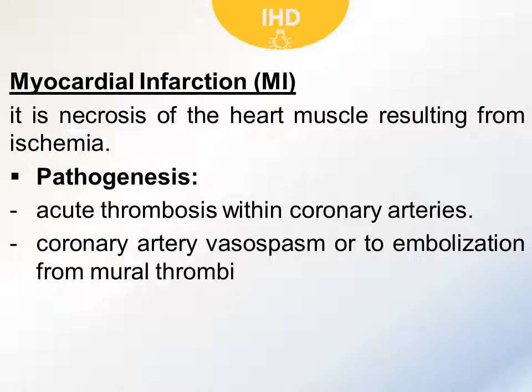Disruption or erosion of a pre-existing atherosclerotic plaque serves as the nidus for thrombus generation, vascular occlusion, and subsequent infarction of the perfused myocardium. In 10% of myocardial infarctions, however, transmural infarctions are mostly attributed to coronary artery vasospasm or to embolization from mural thrombi, for example in atrial fibrillation, or from valve vegetations.